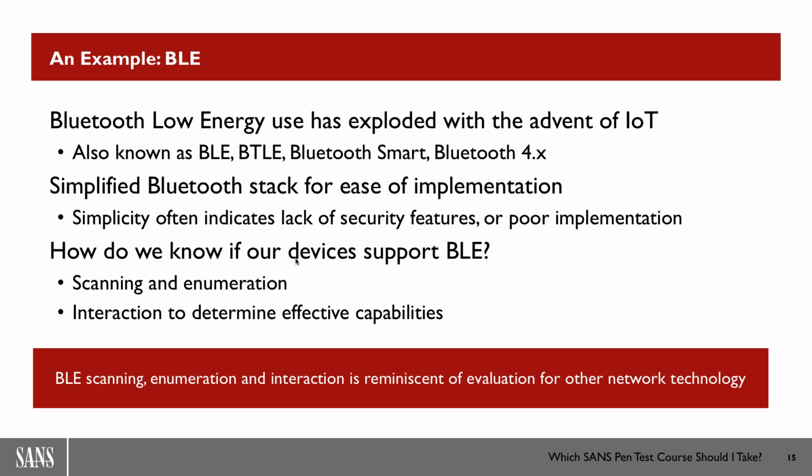Bluetooth Low Energy has a bunch of different names depending on where you're reading it. It's also known as BLE or BTLE, so Bluetooth Low Energy or Bluetooth Low Energy. It's also known as Bluetooth Smart or Bluetooth 4.x. It's Bluetooth 4.0 and 4.1.